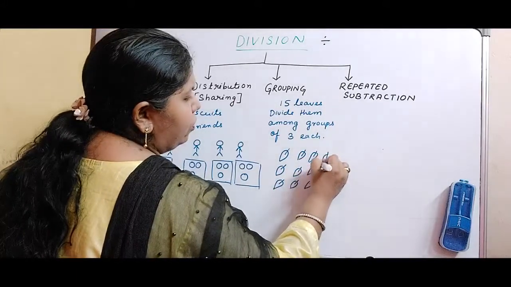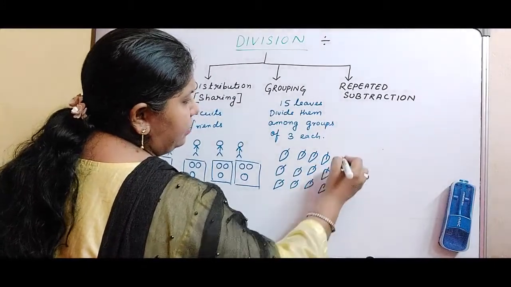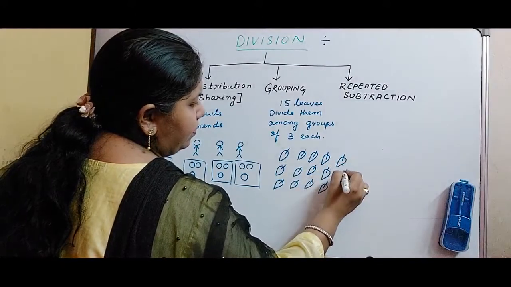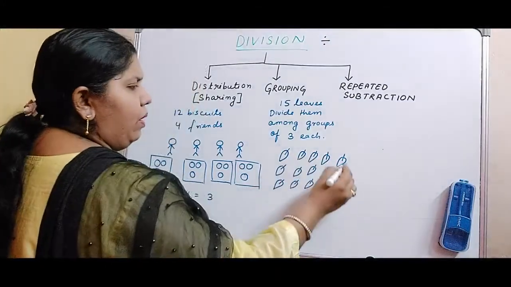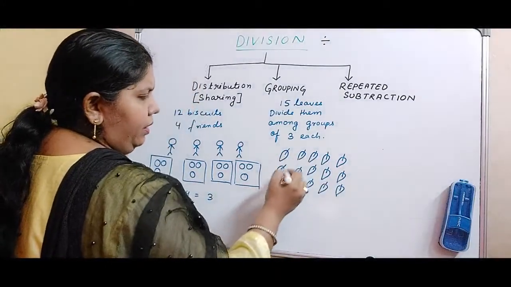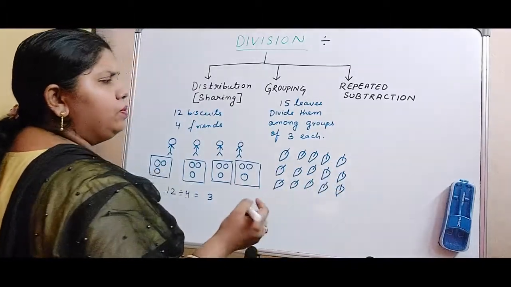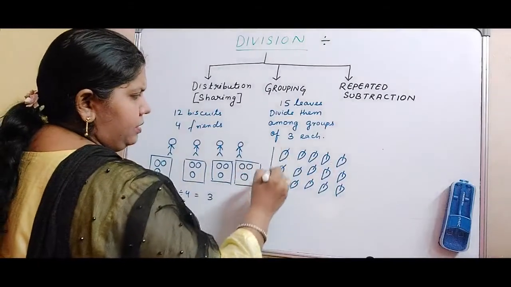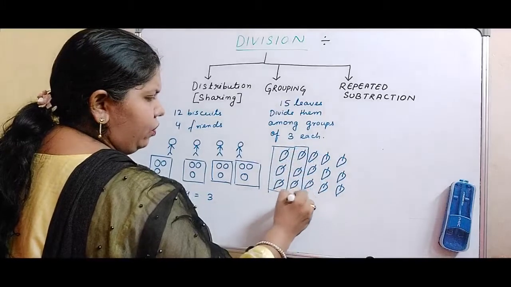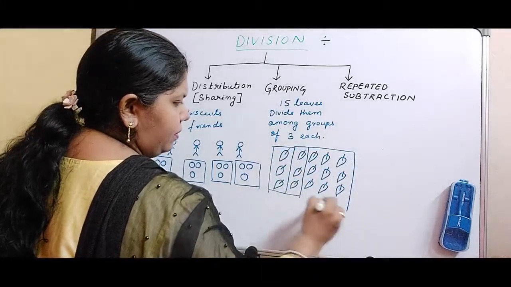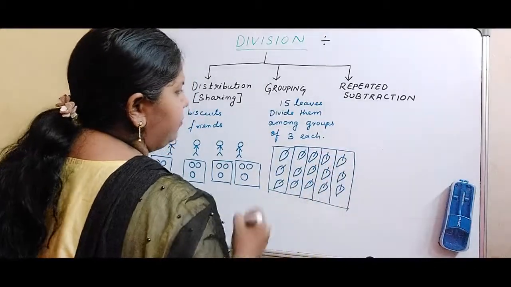This is the fourth group. And this is the fifth group. You count 15, so 15 is over. 3 plus 3 is 6, plus 3 is 9, plus 3 is 12. So total how many groups of 3 are made? This is the first group, the second group, the third group, fourth group and this is the fifth group.